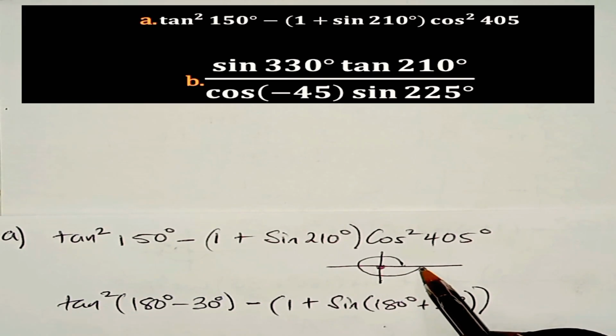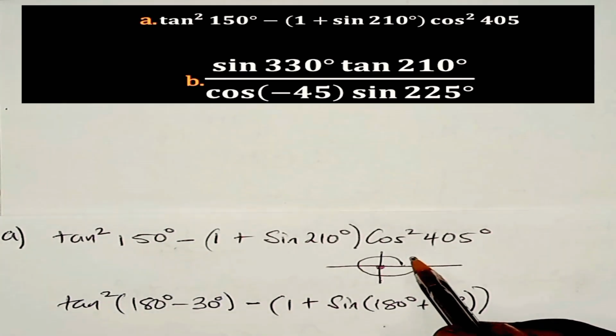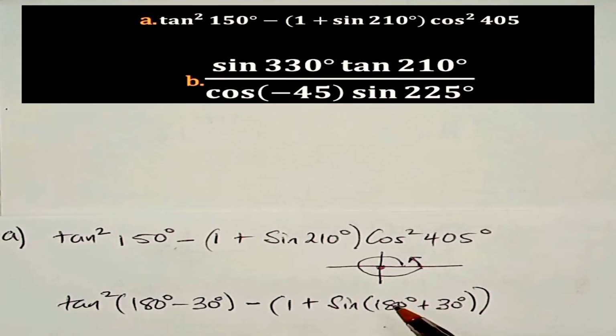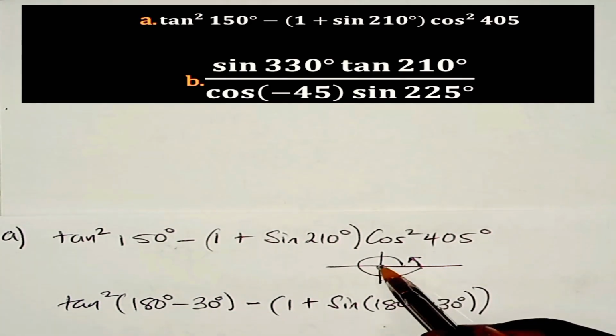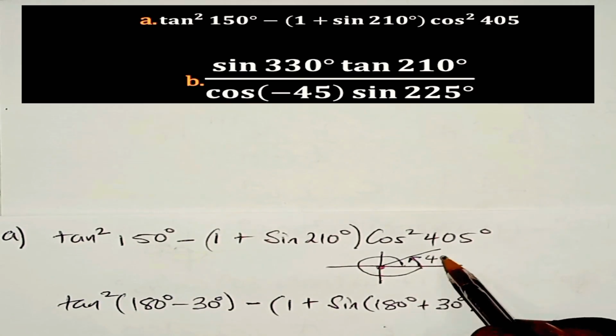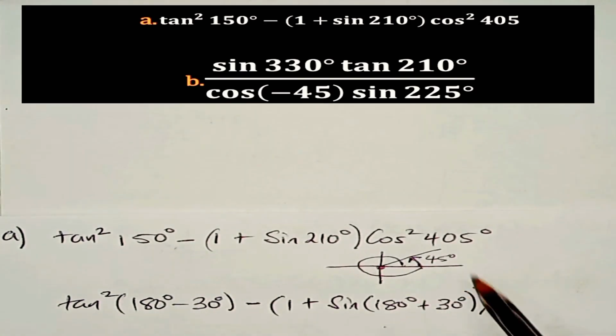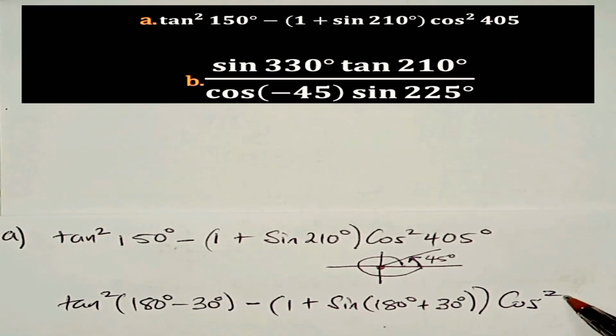So we ignore those 360 degrees and we start moving 45 degrees into that quadrant to get to 405. So we consider only this angle, 45 degrees. So this becomes now cos squared 45 degrees.